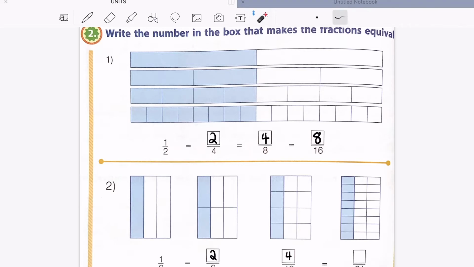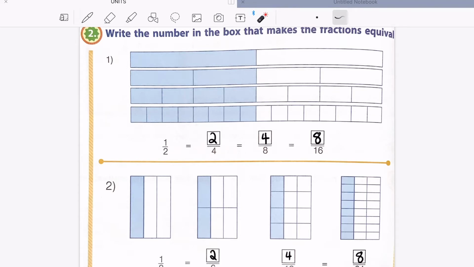Then the last one, we see 24. Let's check to make sure. 1, 2, 3, up to 24. So we have 24. And how many are colored in? 1, 2, 3, 4, 5, 6, 7, 8. So we're going to write 8/24.